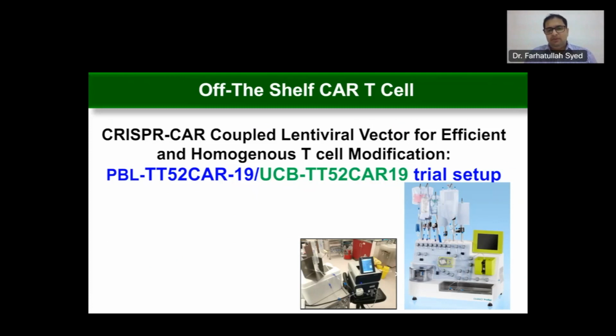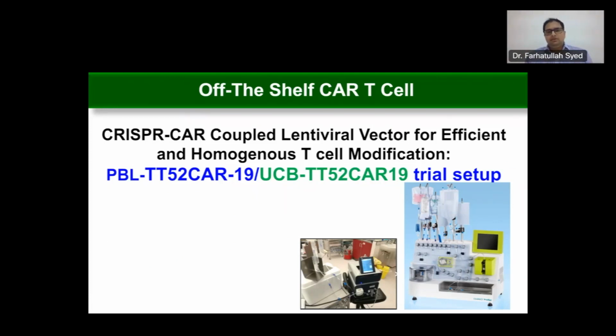And on top of that, we combine this electroporator called Nucleofector from Lonza to deliver these guide RNAs and CRISPR-Cas reagents into T cells.